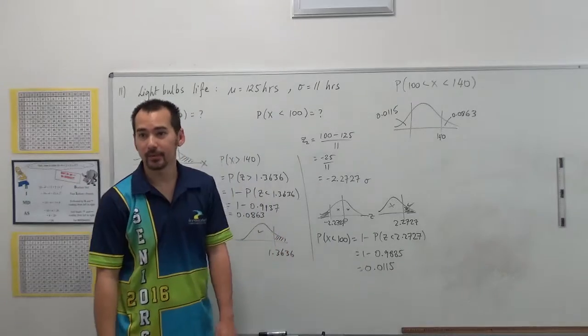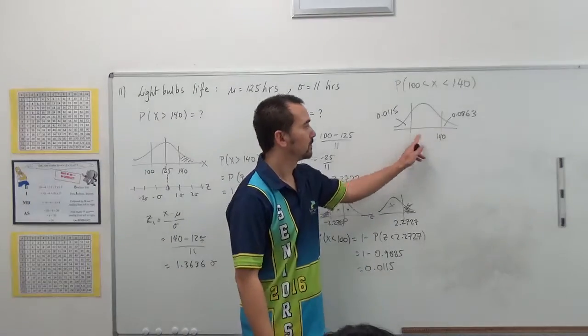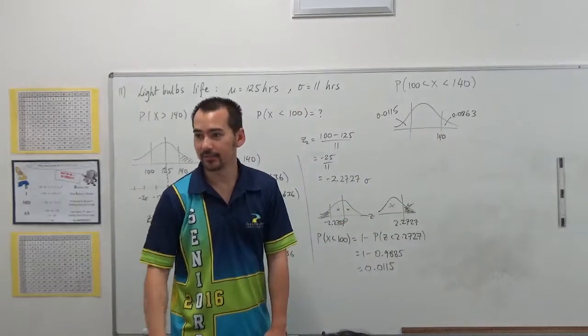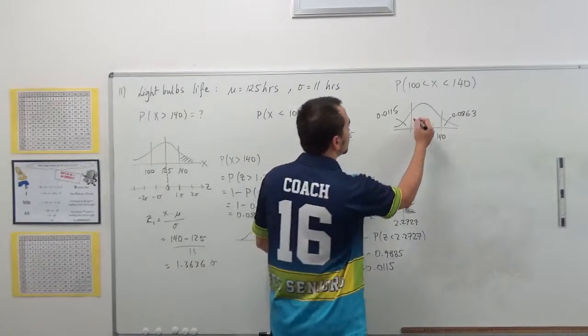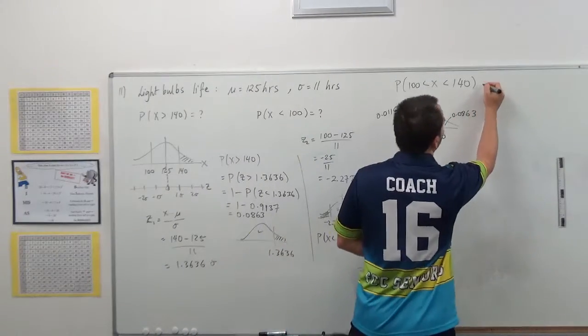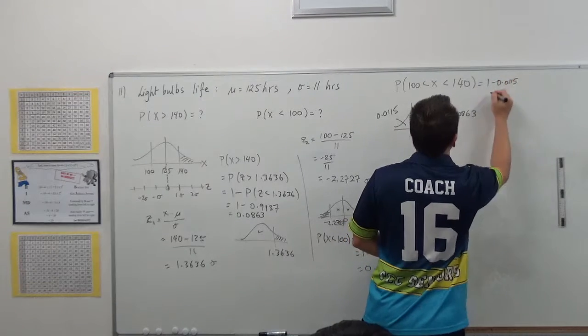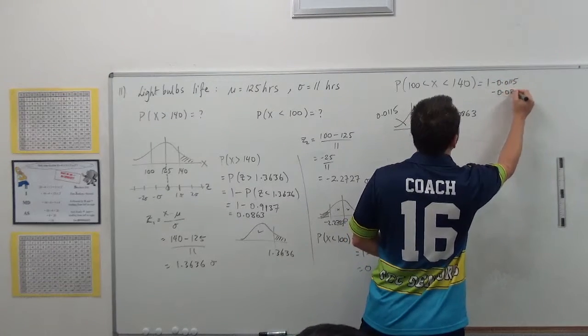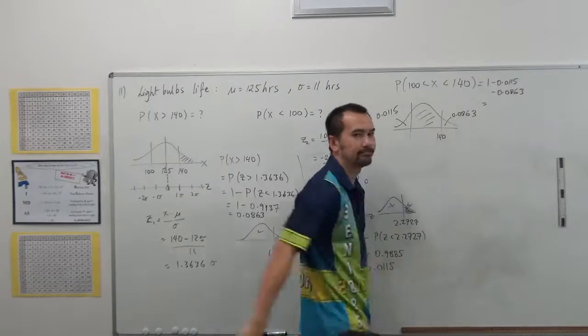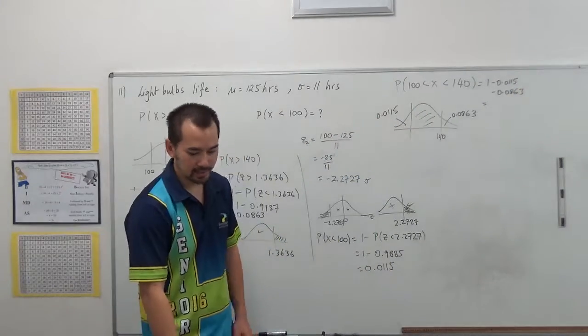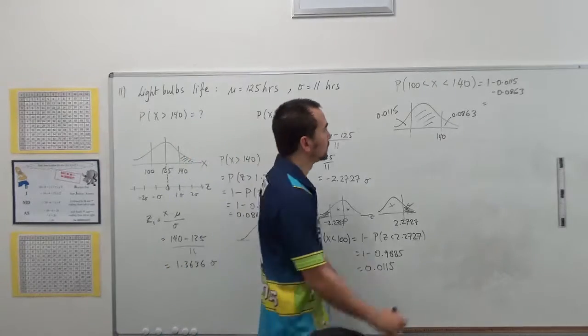So how do we find the probability of the middle region? We just subtract it from 1, don't we? So this area here is equal to 1 subtract 0.0115 subtract 0.0863, and that will come to 0.9022.